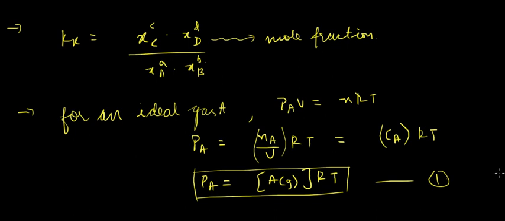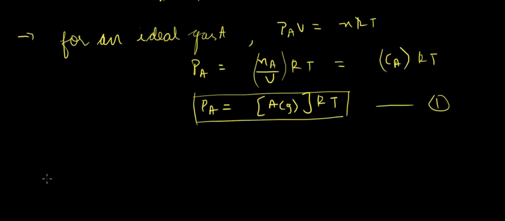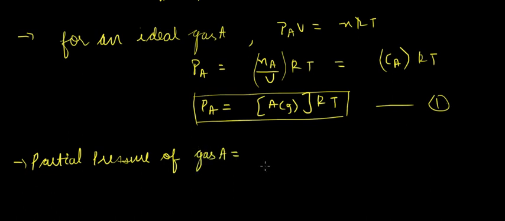Now similarly, we can say that the partial pressure of gas A equals the mole fraction of A multiplied with the total pressure of the gaseous mixture.